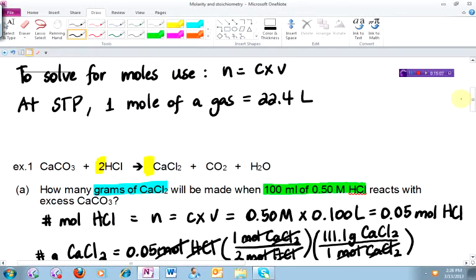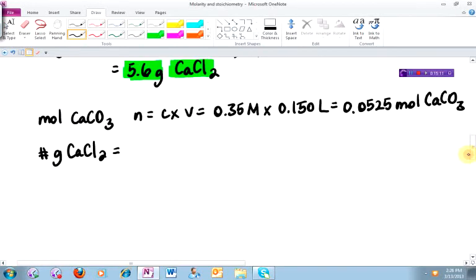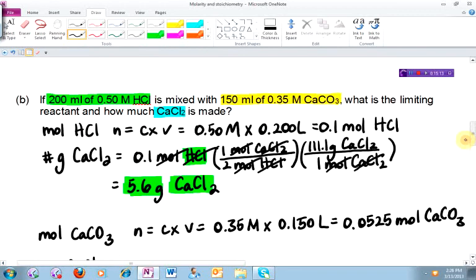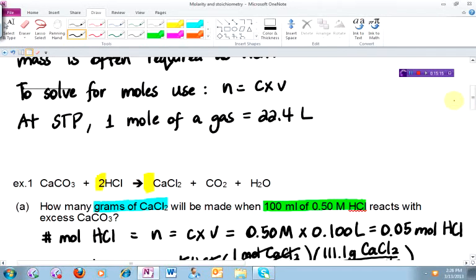Let's use yellow highlighting. Okay, so calcium carbonate, no number in front here. Calcium chloride, no number in front here. So that indicates a 1-to-1 ratio.